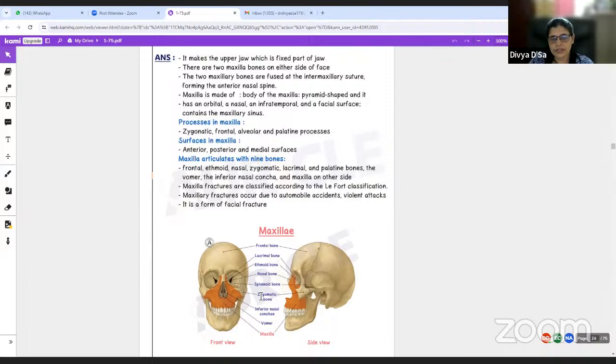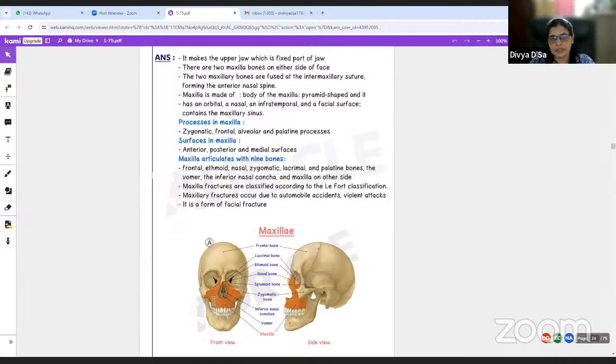So maxilla has got a body. The body is pyramidal shaped, and it has an orbital, nasal, infratemporal, and a facial surface. Okay, so this will be the orbital surface. What we are seeing will be the facial surface, and below here, posteriorly and behind, will be the infratemporal surface, that is its posterior surface.